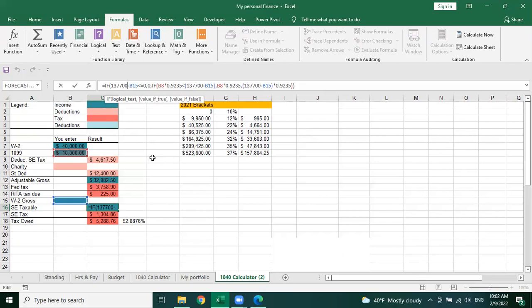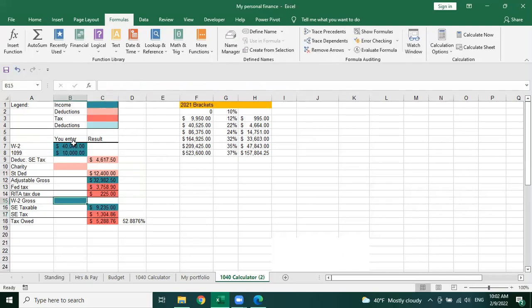Okay, so we're asking if the max taxable minus our gross, which I didn't put. Let me go back. Let me just dump this in here. That's our net. I don't know what exactly it would be, but let's say 200.